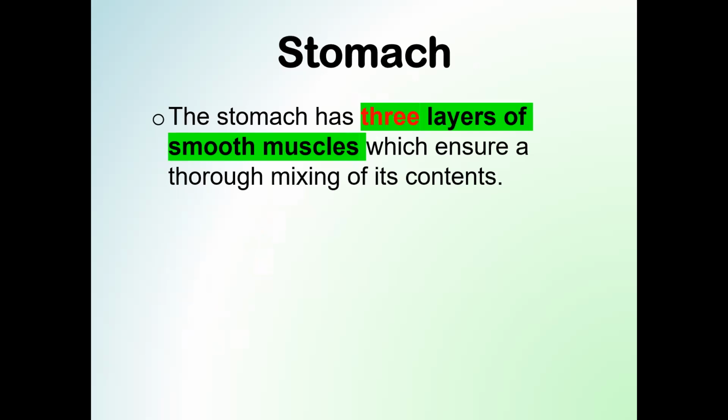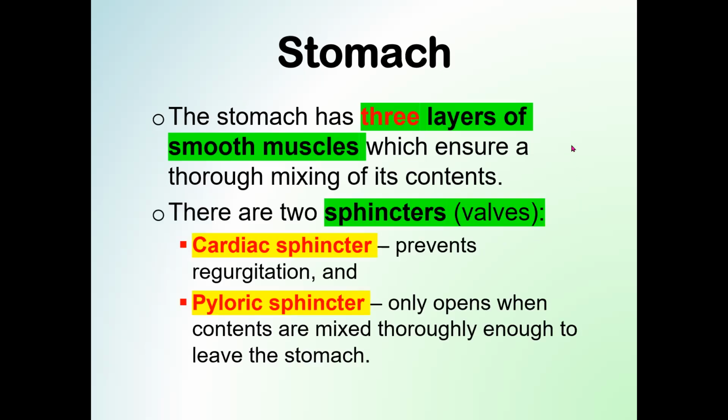The stomach does a huge amount of squeezing, making sure everything in it gets squeezed and broken down and mixed with the enzymes and the other liquids that are there. And also there are sphincters.